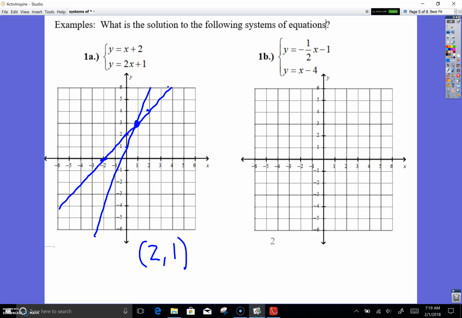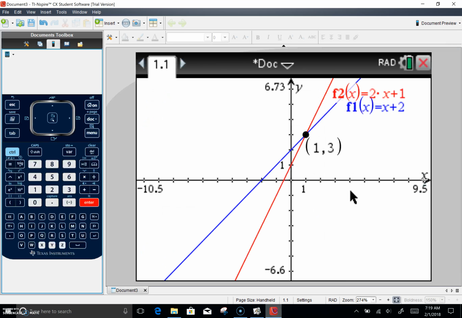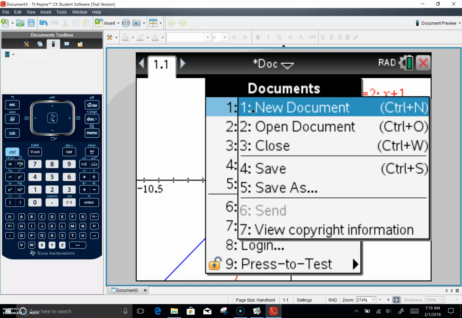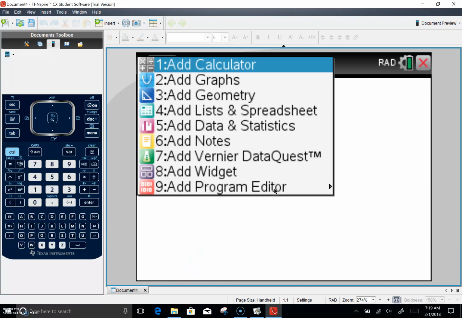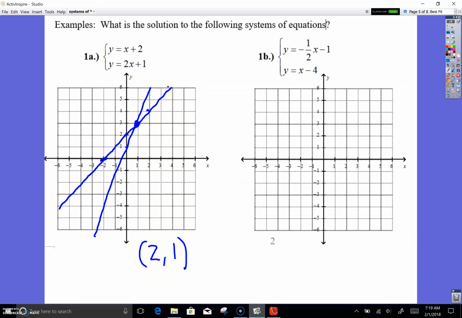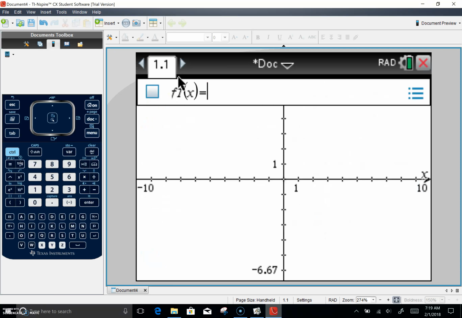Alright, let me show you this one. Hopefully I can do it correctly the very first time. Document, file, new document, add graph. Okay, so negative 1/2 x minus 1 and x minus 4.